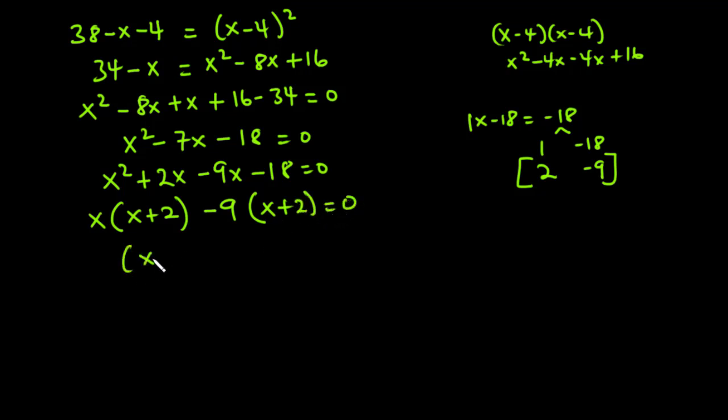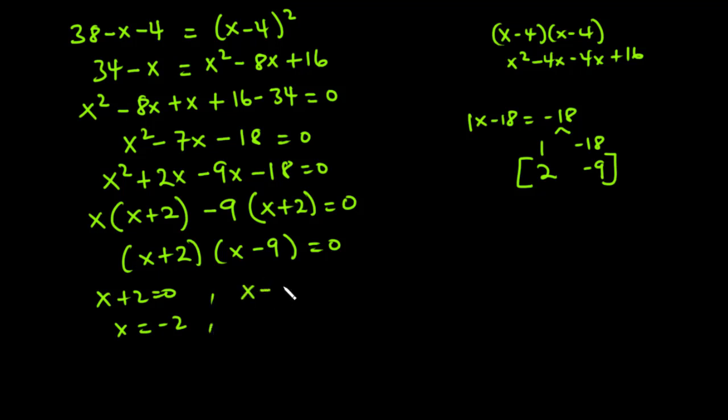So we have x plus 2 and x minus 9 equals 0, which means that x plus 2 equals 0, we have x is equal to negative 2, and for x minus 9 equals 0, we have x equal to 9. Now because we are dealing with ages, we are going to ignore negative 2. We are going to focus on x is equal to 9.